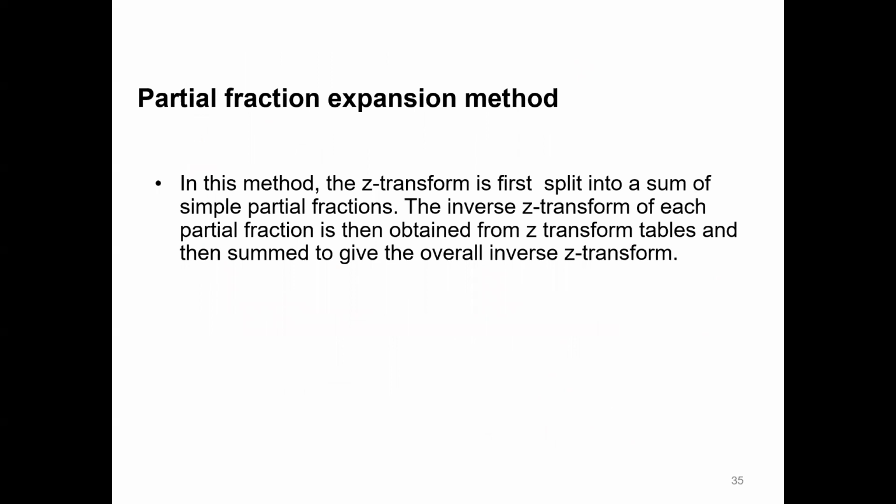Let's look at the partial fraction expansion method of working out inverse z-transforms. Again, partial fraction expansion is not new to you, but maybe you need a bit of a revision. That's the whole purpose why I'm doing it at this stage.